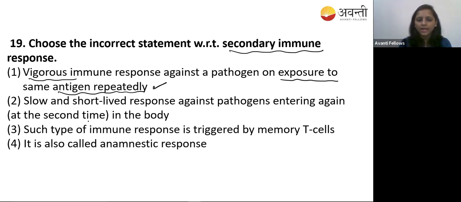And coming to option 2, they are telling that the secondary immune response will be slow and short-lived, and the pathogen is entering the body again and again repeatedly. So the first statement only says that whenever the antigen is repeatedly infecting, the response will be fast, right? In option 2, they are telling the opposite of that.